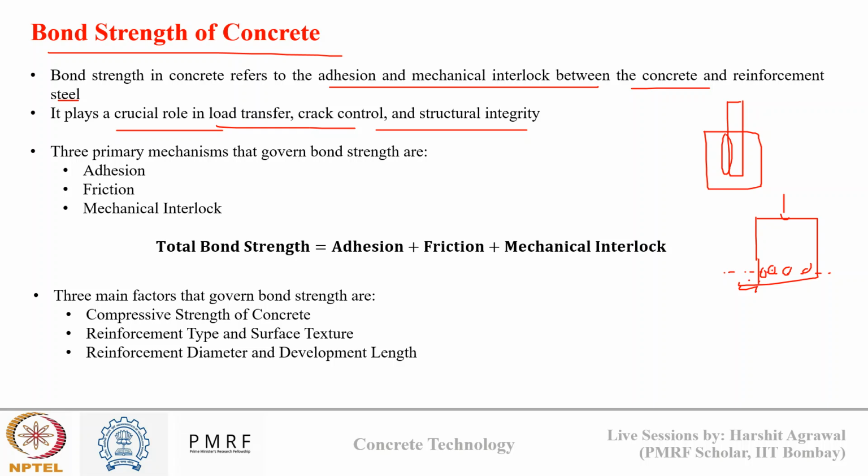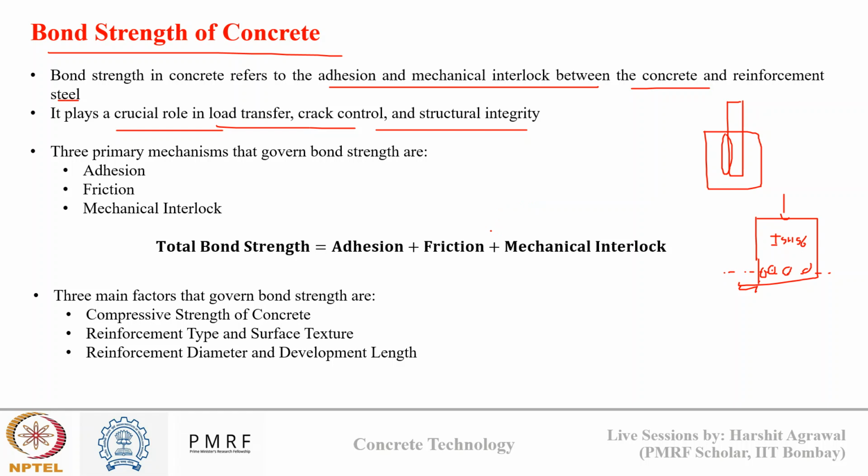This is one assumption that we take when we design reinforced concrete as per IS 456: at the same cross section level, the strain in concrete and steel are equal. This is only possible when we assume that there is a perfect bond between steel reinforcement and concrete, which allows proper stress transfer through the interface. And that's why bond strength of reinforced concrete is an important aspect in design.